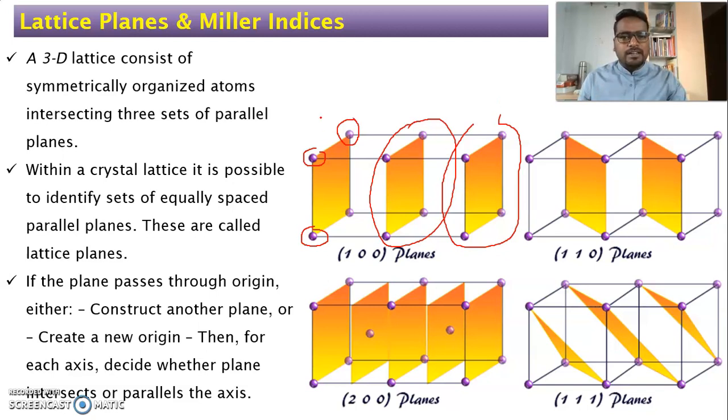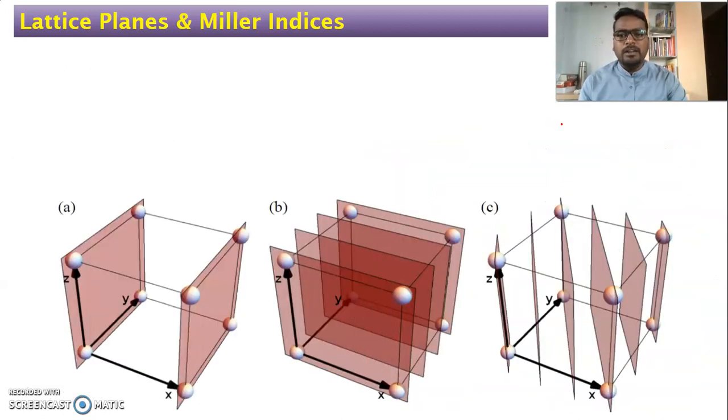For example, if you consider this is the x-axis, these two are parallel to the x-axis, and here they form a new origin. So this is the origin for this. They form a new origin, and this is a diagonal plane. So different numbers of planes are possible. So these are called crystal planes.